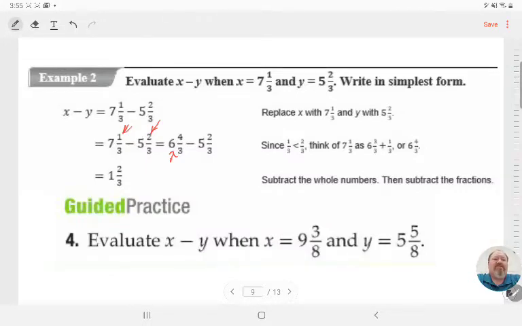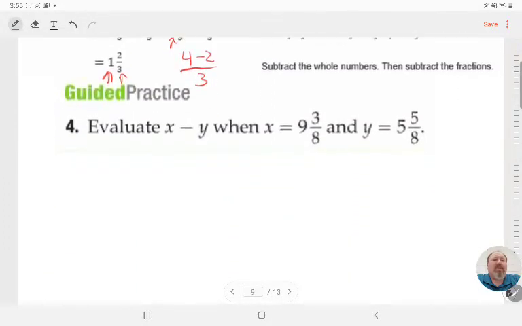So then we have 6 4/3. Now we can go ahead and do our subtraction. So 6 minus 5 is going to give me 1. And then 4 minus 2 over my denominator of 3 is going to give me my 2/3. So 1 2/3. Okay?